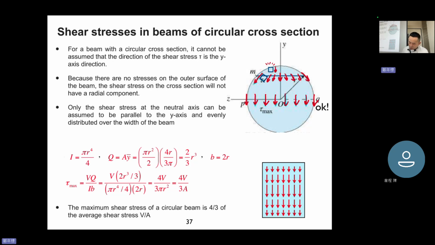So your stress element, if you want to determine that, you must have the oblique stress element, and then your shear stress can become paired. Otherwise you cannot find a proper stress element along the edge.